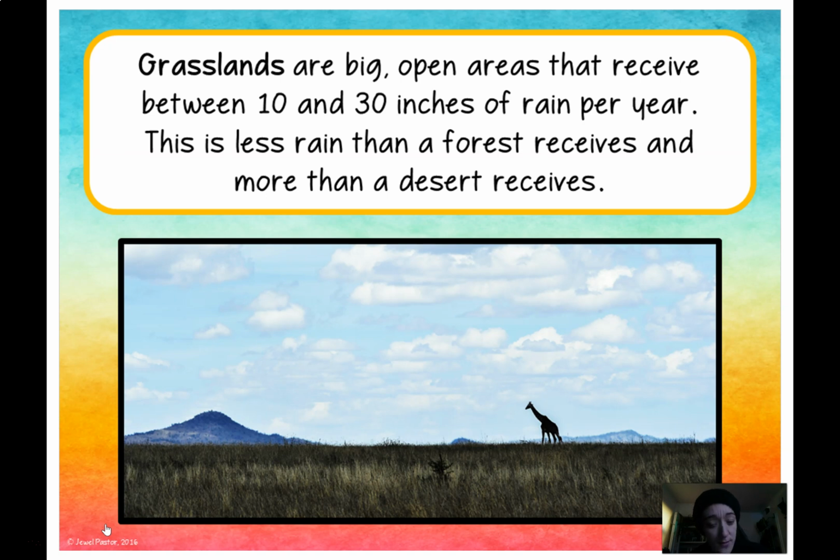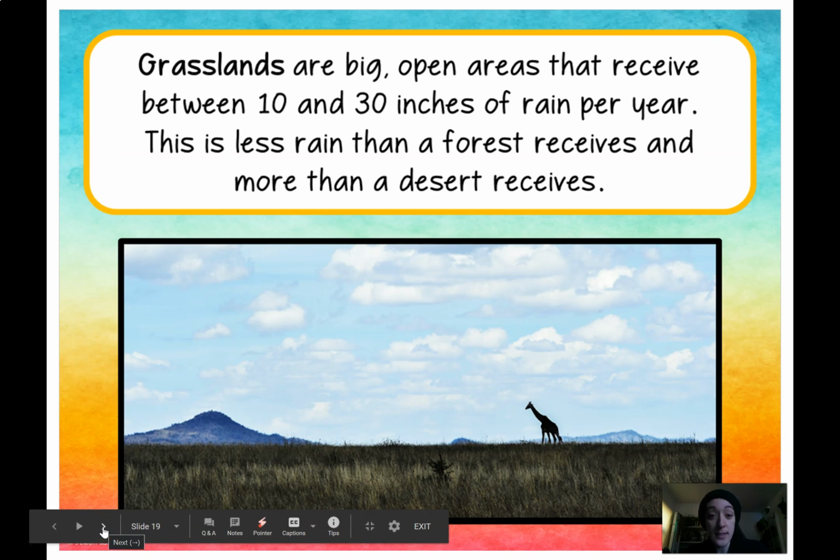In the grassland, there's lots of plant and animal life as well, but there's not quite enough rain to support a ton of big trees. So it gets less rain than a forest, but more rain than a desert. So in a desert, there usually aren't fields and fields of grasses because there's not enough moisture to support that much plant life. So grassland is somewhere in between.